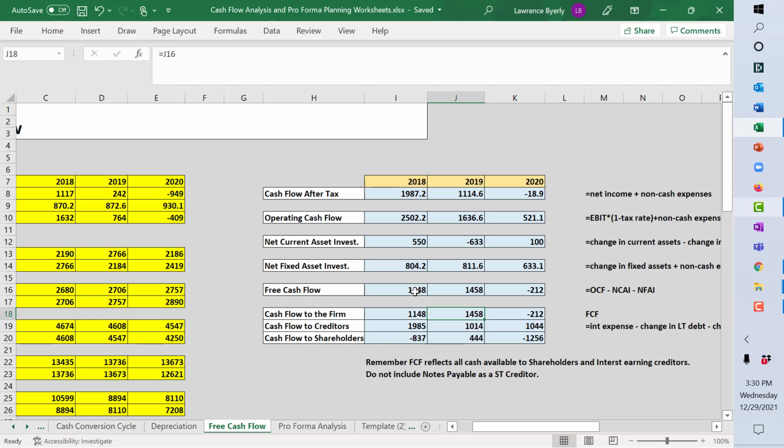The next year, again, $1,448 came in. We had to pay $1,000 to our creditors. $444 then is cash flow that could go to our shareholders. And likewise, we had this downturn this year where we had a negative cash flow. We still had to pay our creditors, right? Interest. We still had to make those payments. And we may have paid back some debt or something.